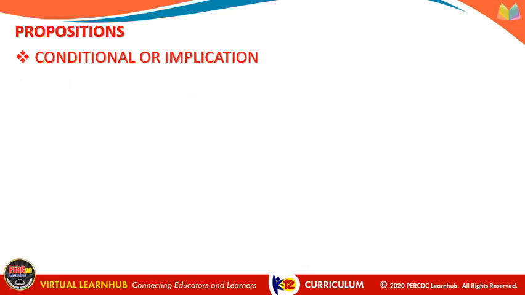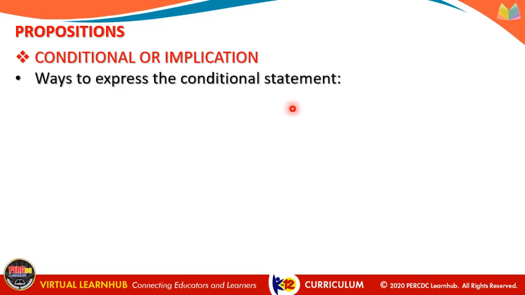Now, aside from the format if P then Q, there are other ways to express a conditional statement. So again, this is the commonly used arrangement. Aside from this, you can also have this. Again, for these examples, P is the antecedent, Q is the consequent. All right? So aside from this, you can also say this one.